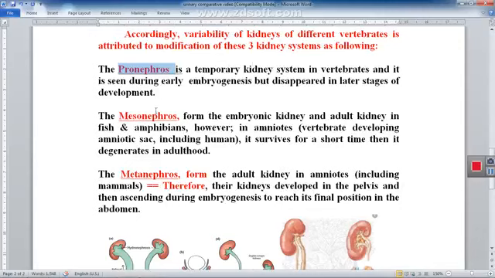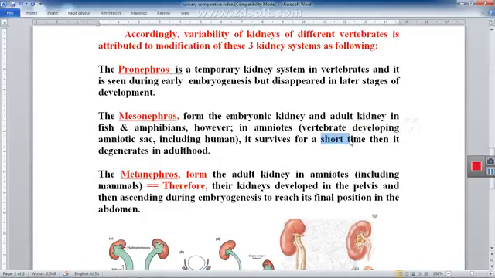While the mesonephros may form a kidney system in the embryo and in the adult, in fish and in amphibia, in amniotes, which are vertebrates having an amniotic sac in their embryo, including the human and mammals, the mesonephros is seen only during embryonic life.